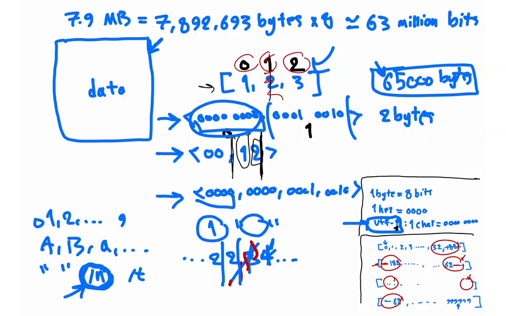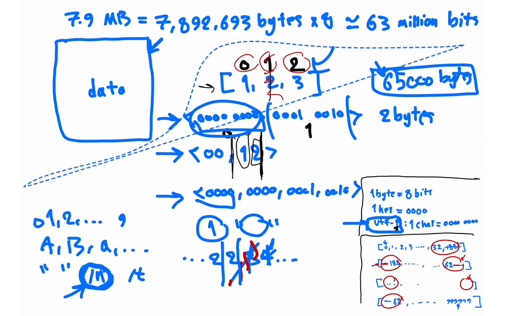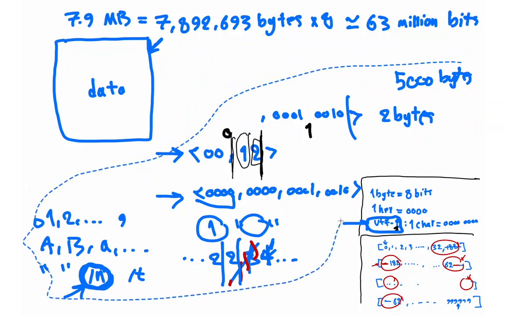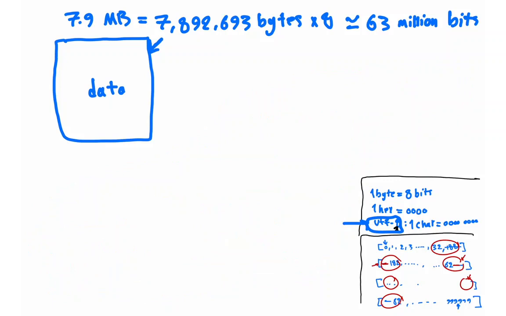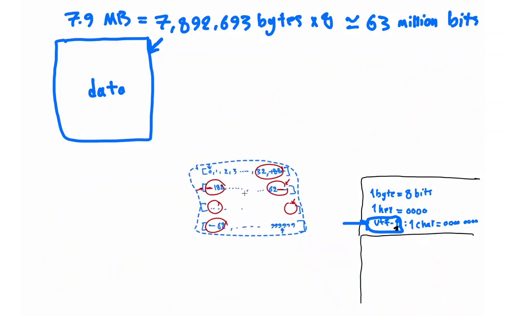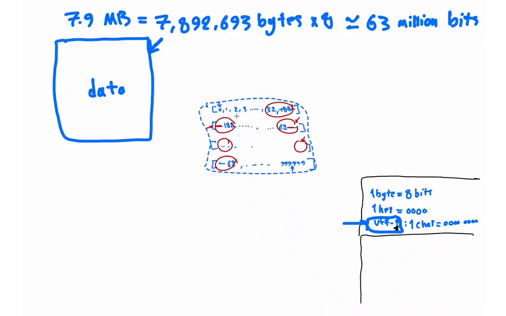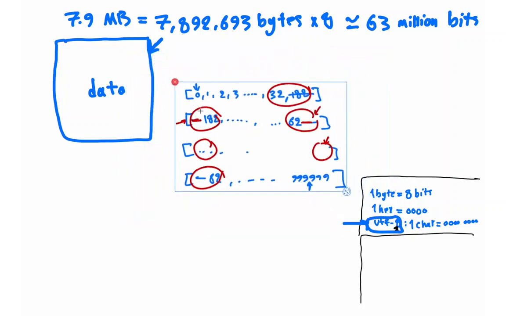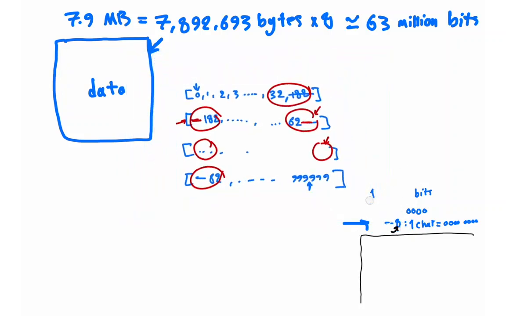Alright, so now that we know this, let's take a look back again at our array. Let me also erase these, and let me try to make it a bit bigger.